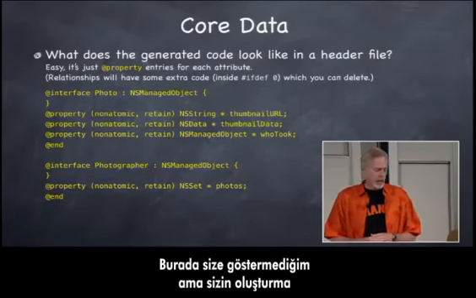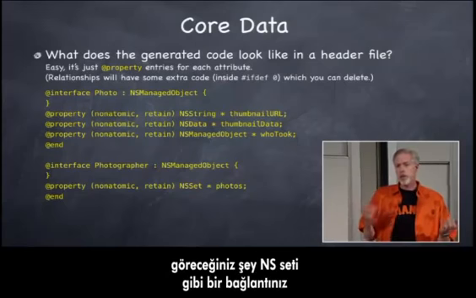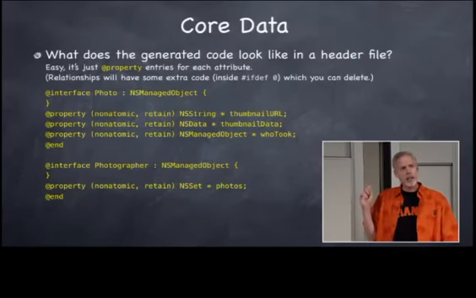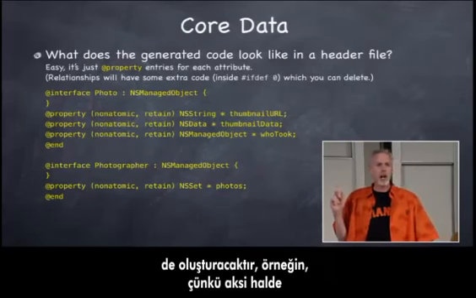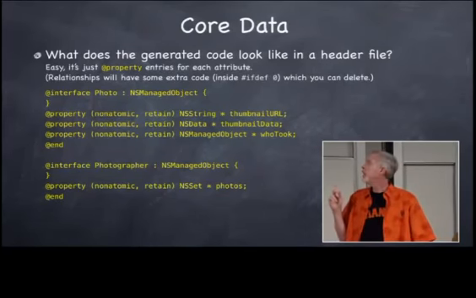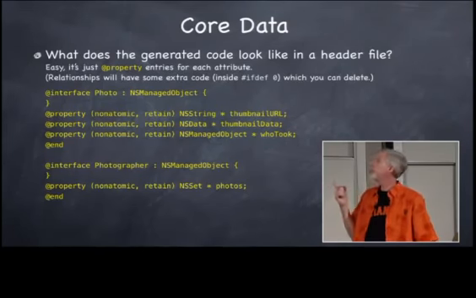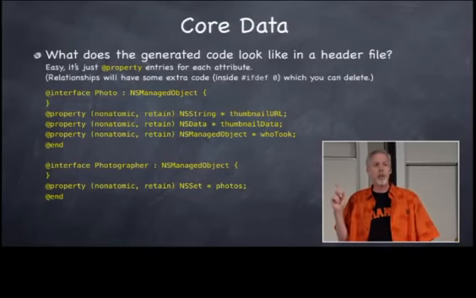Now, one thing I didn't show here, but that you'll see when you start doing the copy and paste and the generation, is that when you have an NSSet-like relationship, it's also going to create some nice stubs for some methods you can use to add one photo to that set, for example. Because otherwise, if you wanted to add a photo to this set, you'll notice that NSSet is immutable.